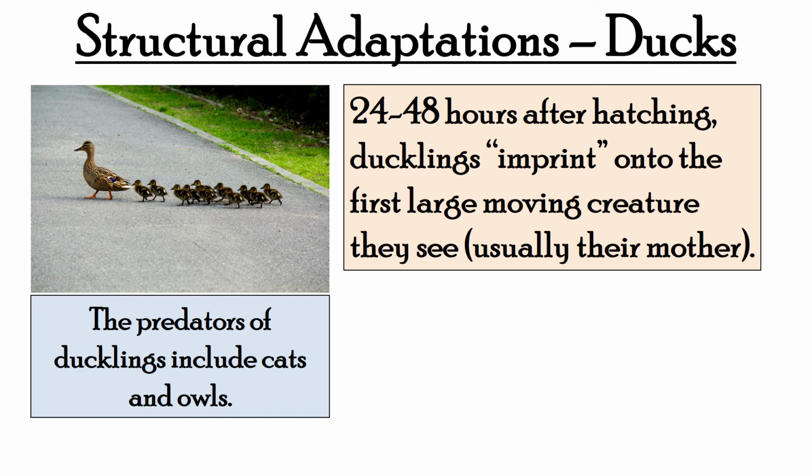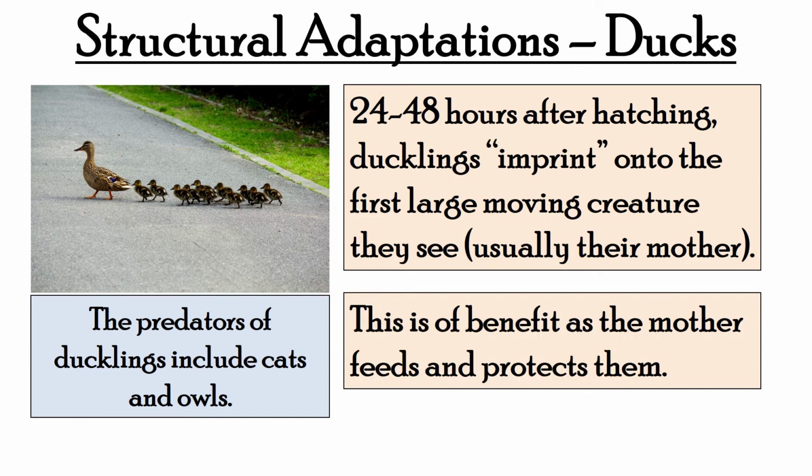And ducks, this is called imprinting. After they hatch, the ducklings imprint onto the first large moving creature they see, which is usually their mother, although it could be a human, and that large object is going to feed and protect them, so they're more likely to survive.